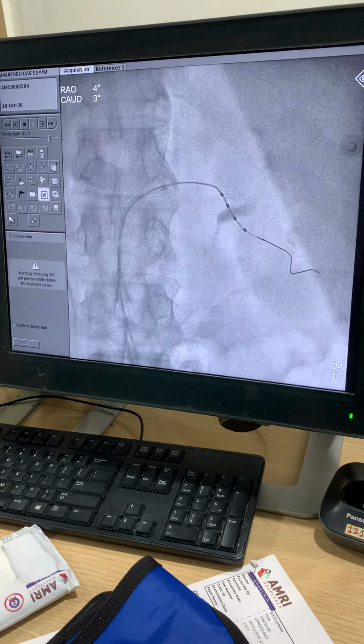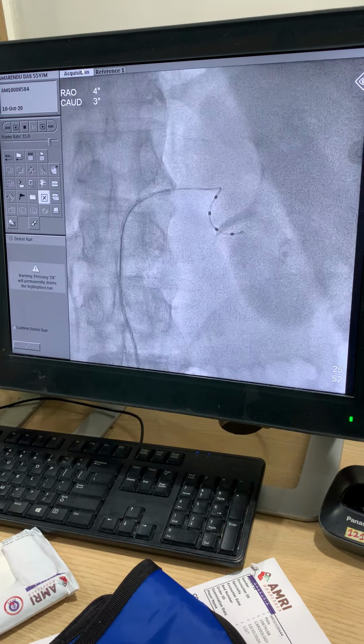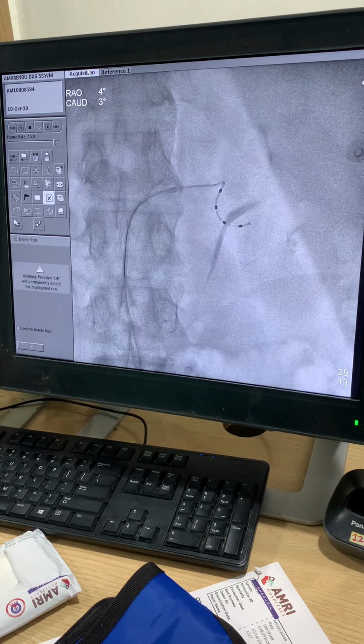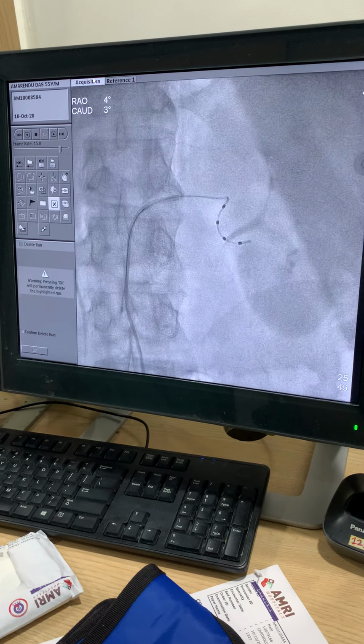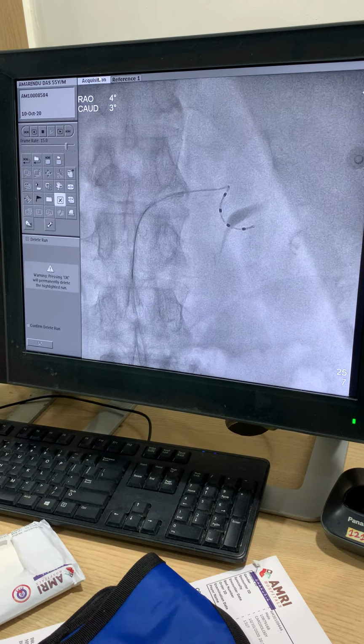Once you have those things, you remove the coronary wire and you get another set of impedance, and this impedance should be a stabilized one, around 250 plus.